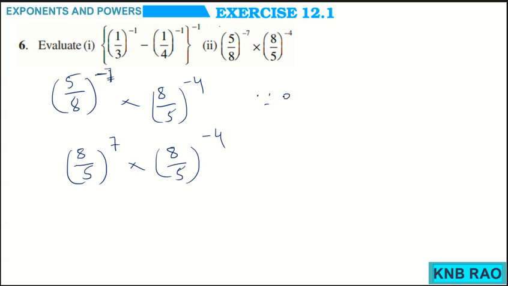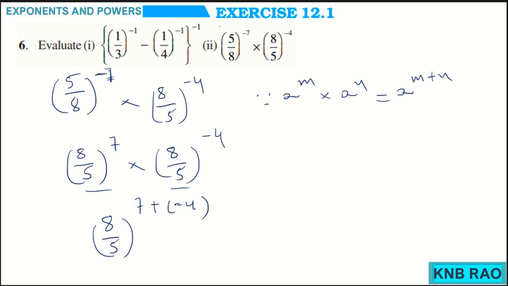Now using a power m into a power n equals a power m plus n, because here two exponential numbers with the same base and different powers are multiplied, I can write this as (8 by 5) to the power 7 plus (minus 4). So 7 plus minus 4 is 3, giving (8 by 5) whole power 3.